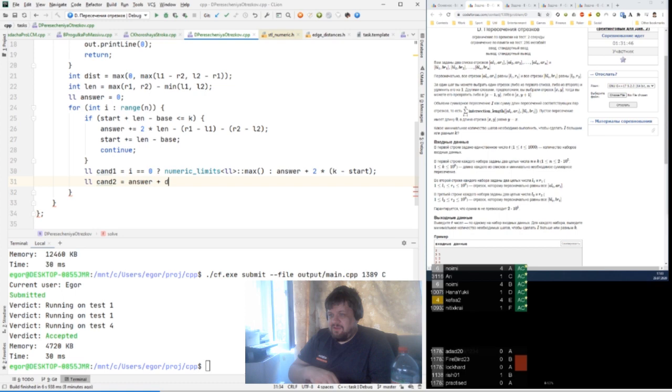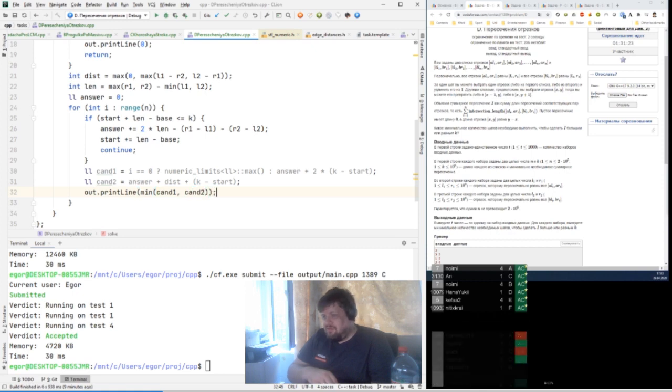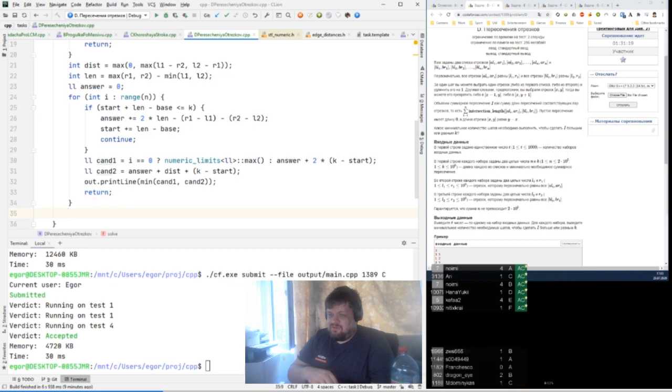Here we first pay dist and then k minus start. And suppose we aligned all the segments, then our only option is to pay 2 per remaining point. So if we hadn't exited this cycle before, we should just print answer plus 2 times k minus score.